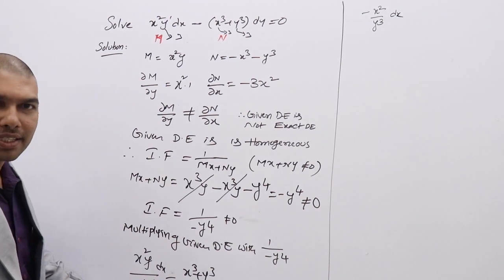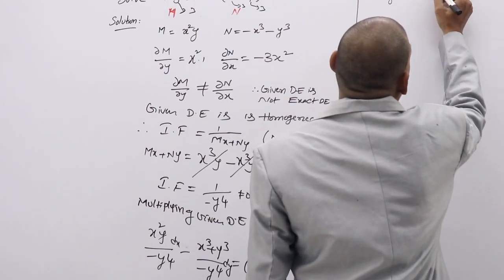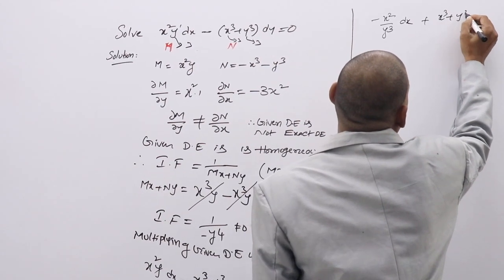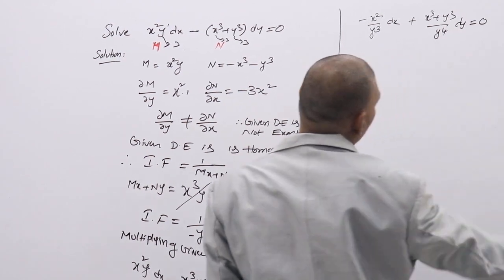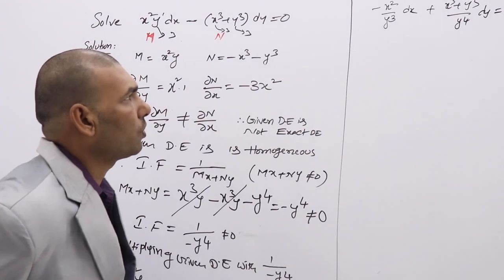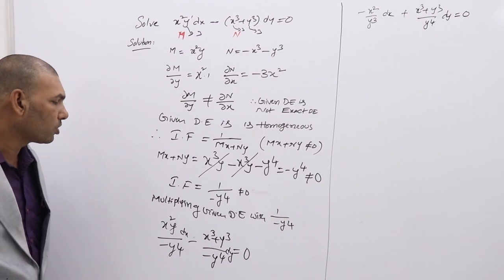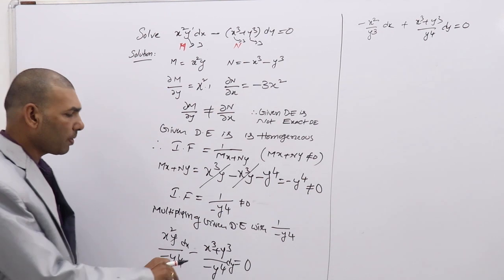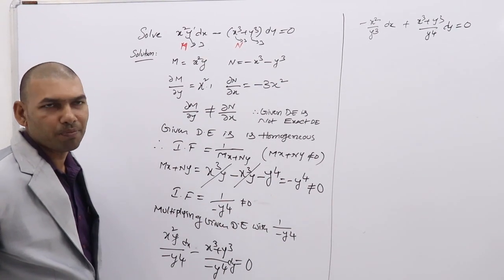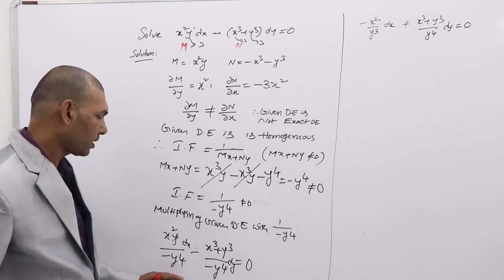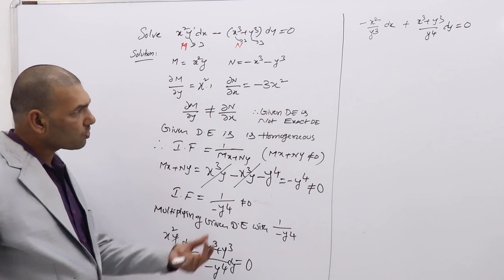Minus into minus plus, x cube plus y cube by y to the power of 4 dy equal to 0. Any doubts you may express here. Multiplying the given DE with minus 1 by y power 4, you got it like this. The simplified term of this one I have written there.